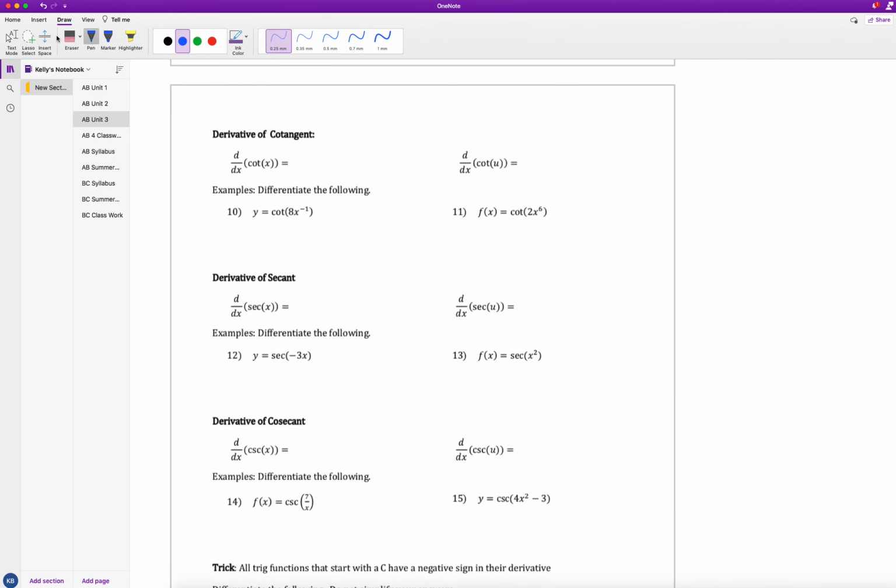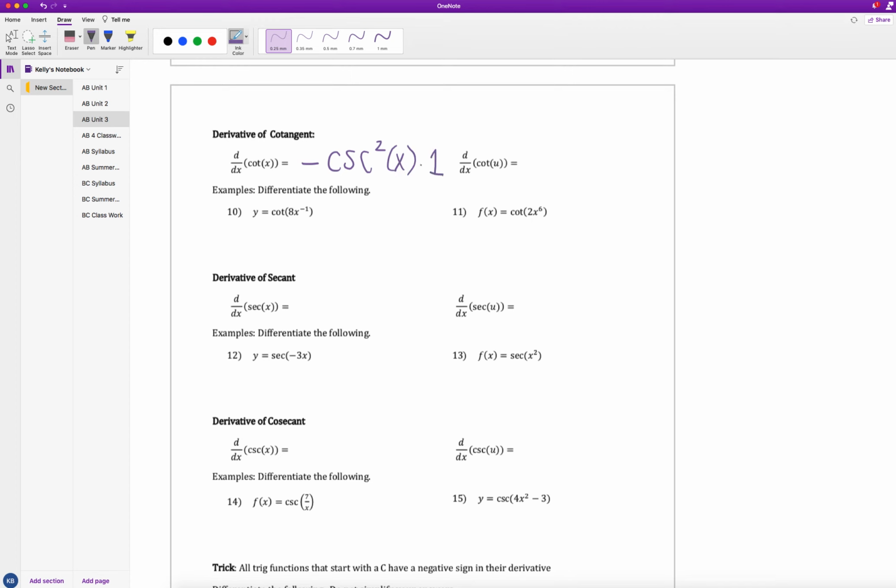Okay, so let's start with cotangent. So remember, cot is representing our cotangent function. By definition, cotangent is 1 over tangent. So we could get the derivative. We actually found it up above in part C when we took the derivative of 1 over tangent. But if we were to simplify that answer down, the derivative of cotangent is equal to negative cosecant squared of x times that 1 from the chain rule.